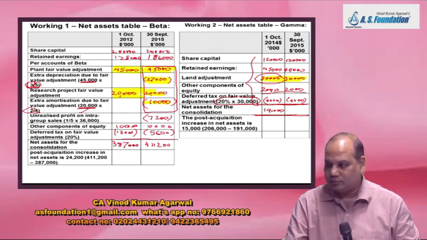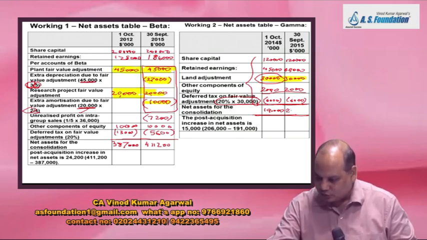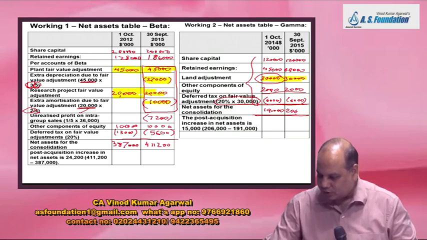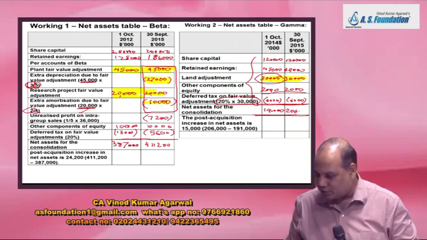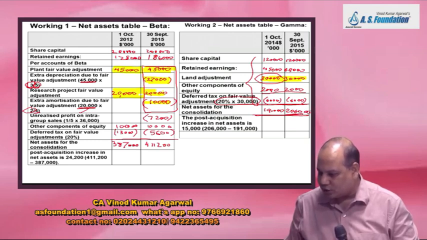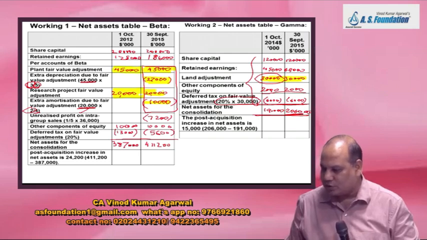Next column. 2,06,000. Now wait for a minute. Now there are a lot of adjustments arising out of it. So 2,06,000 write down. 2,06,000 last column.